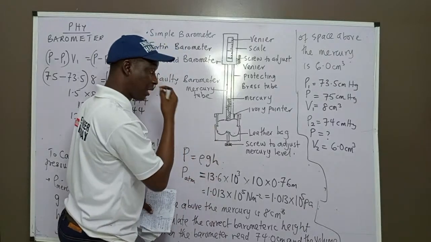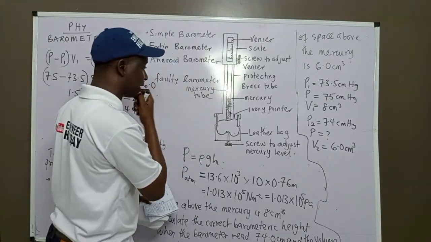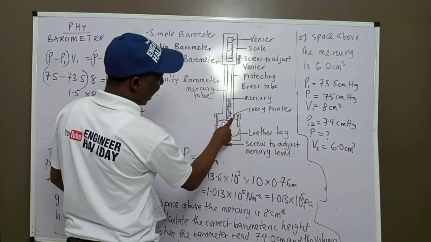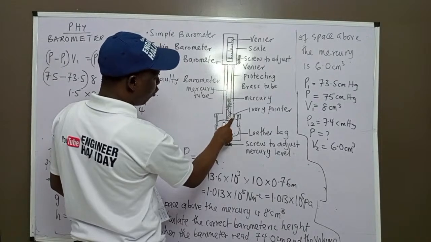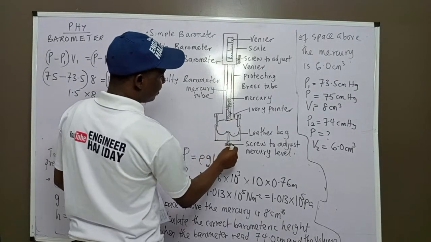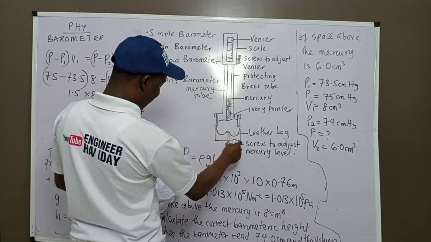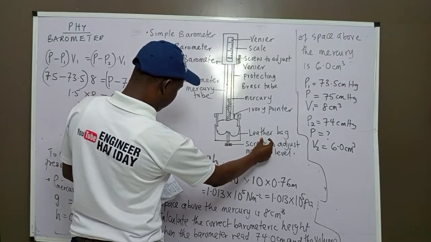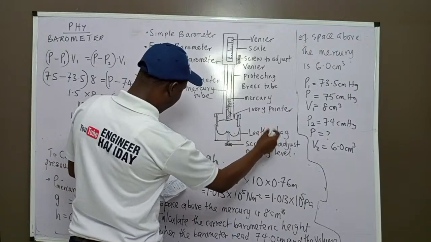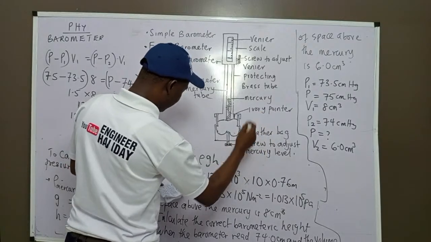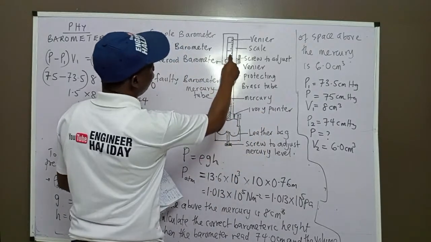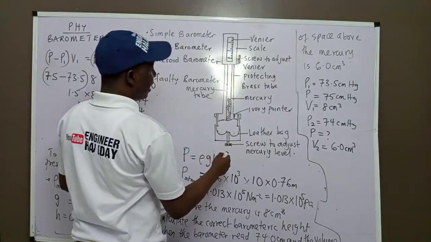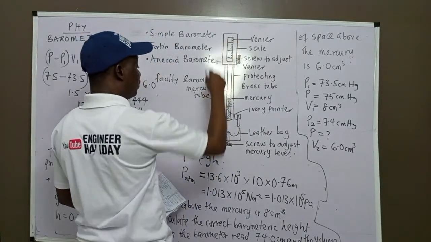Another thing you must note here is that when the mercury touches the ivory pointer, the fixed ivory pointer will coincide with the 0 mark of the scale.